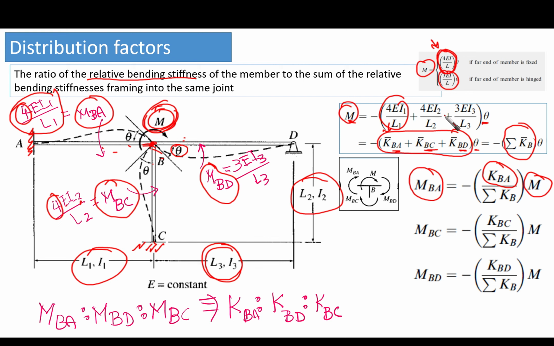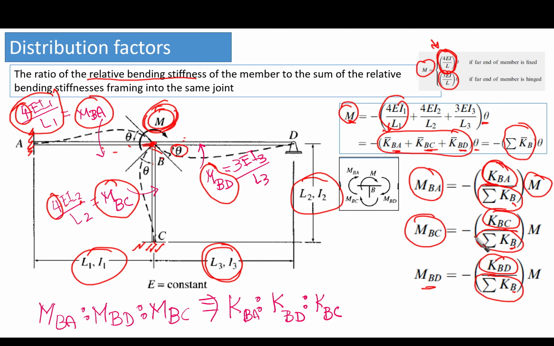So MBA over M is going to be KBA over the summation of KB. Similarly, for MBC, it is going to be KBC over the summation of the relative stiffnesses at point B. We are talking about point B here, so this is why we call it KB. KB means all relative stiffnesses. And for MBD, it is going to be KBD over the summation of the relative stiffnesses.